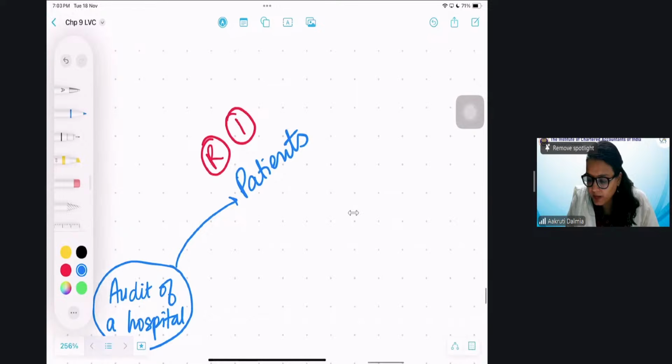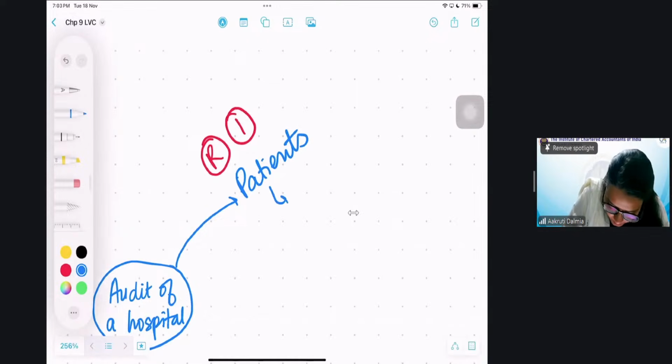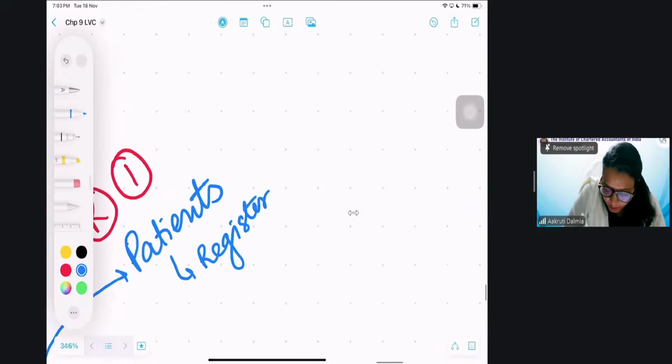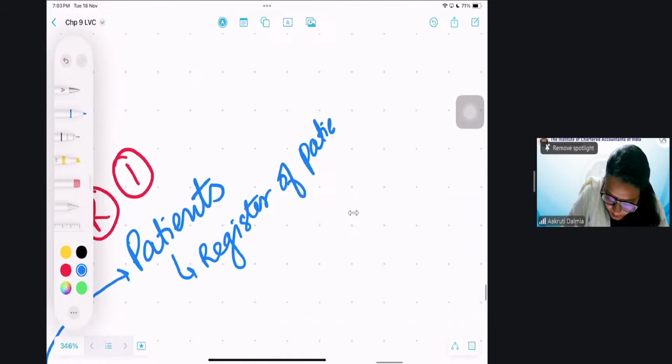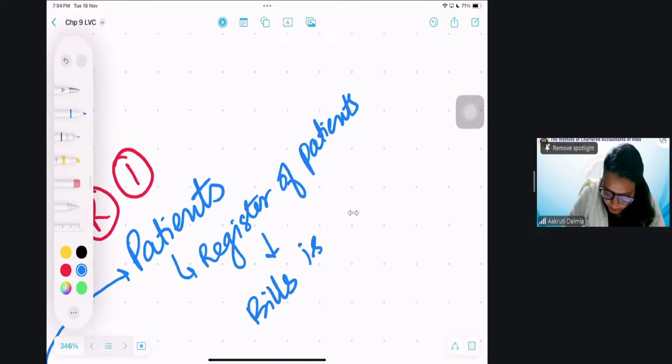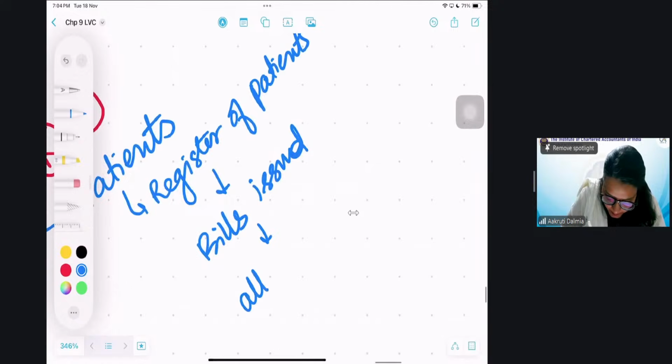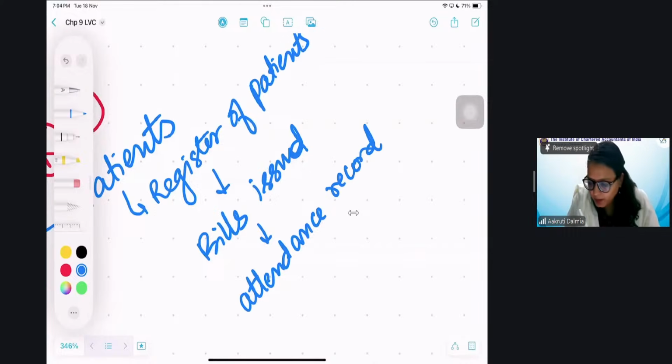So in patients, we have to check, of course, the register of patients. And this we have to cross verify with bills issued, along with attendance record. This will help us to see that all the things are correctly matching with each other. The register of patients will usually have name and other details.